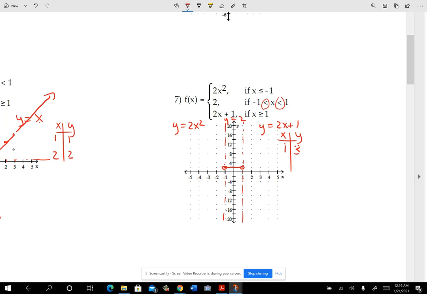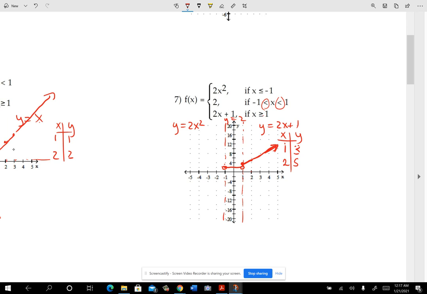And then 1, 3. And then 2 would go to 5, which would be about right there. And I would have a line that does something like that. And it would have a closed dot on the left side of that.